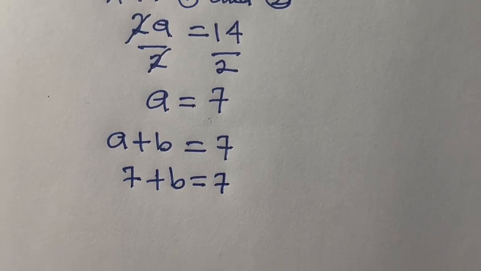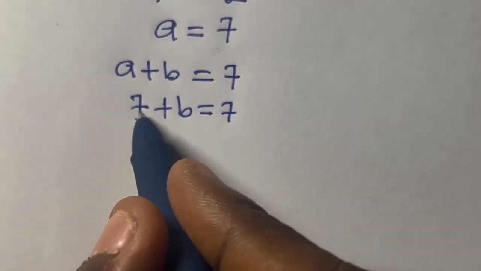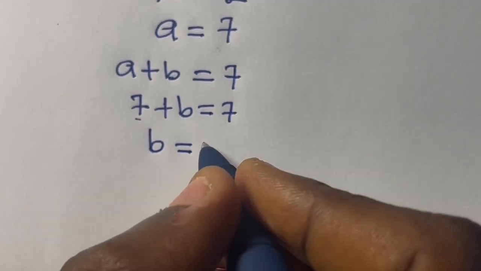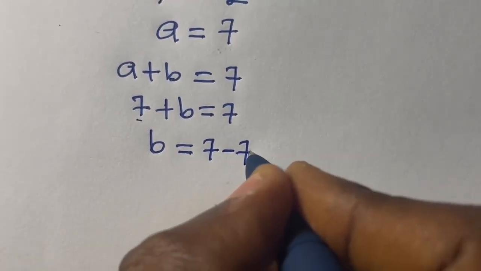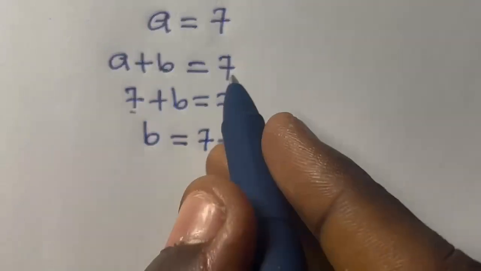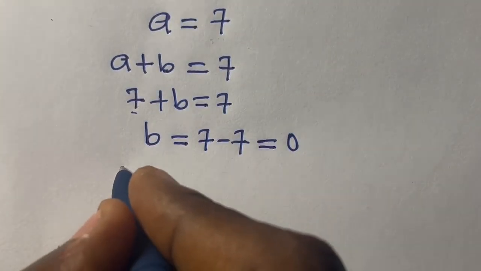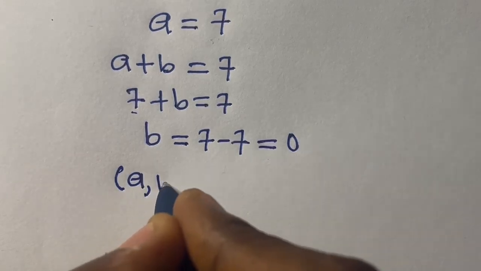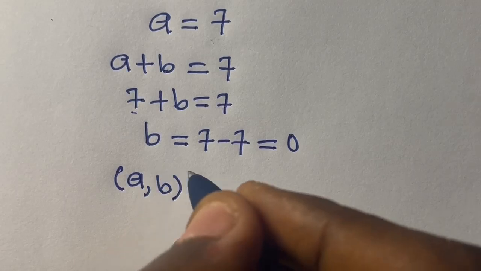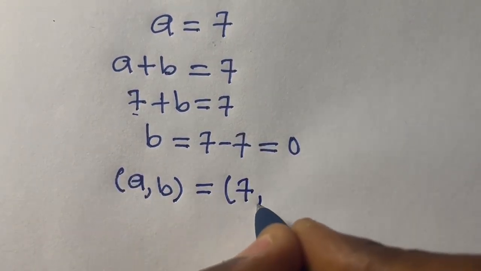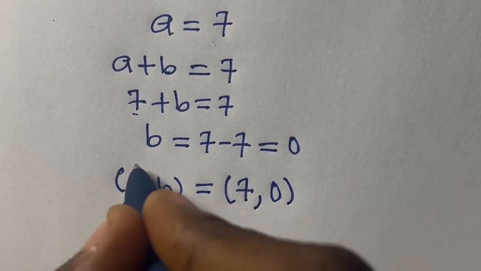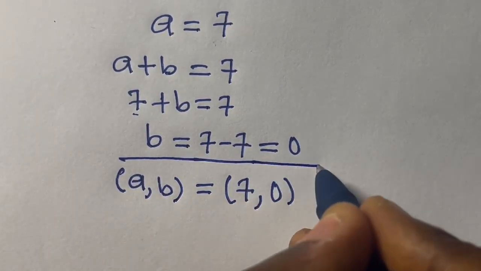We transfer this 7 to the other side, so b equals 7 minus 7, and that equals 0. So for case 1, our a is 7 and b is 0. This is our first case.